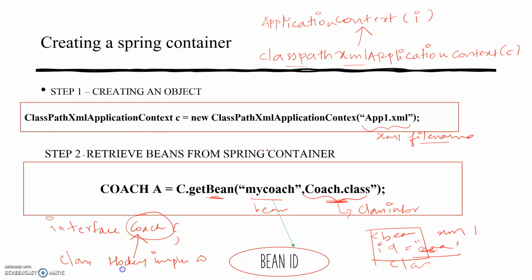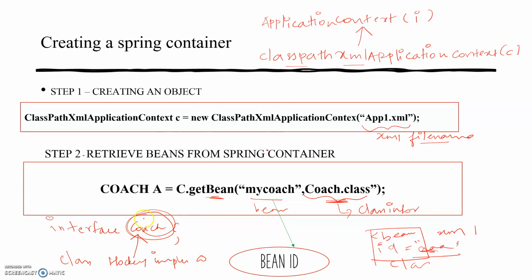Whichever class implements the interface, that respective interface name we have to give over here. So when you are using an interface and the class implements Coach, in that scenario you have to mention your interface name, so that your container goes and checks which respective classes implement the Coach interface and gathers the information.